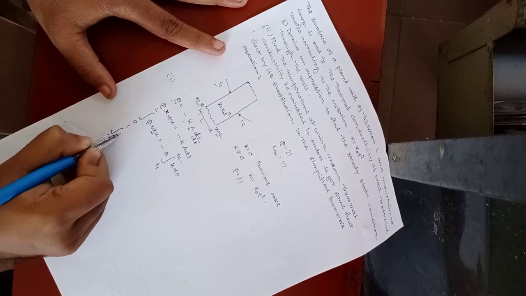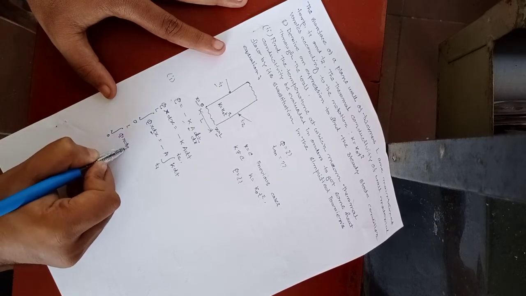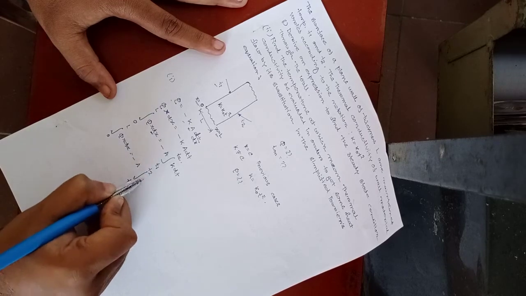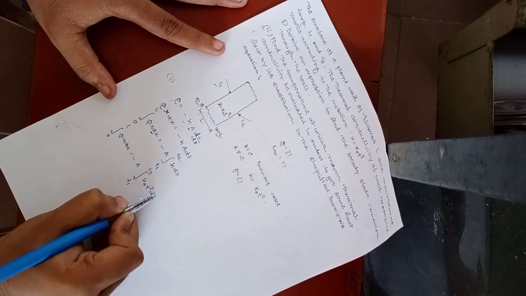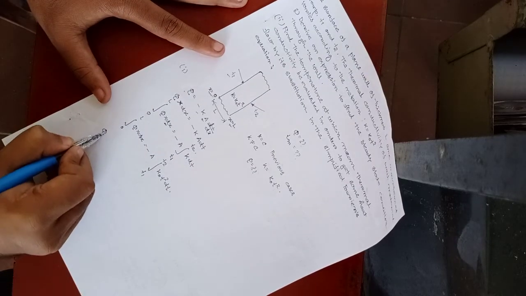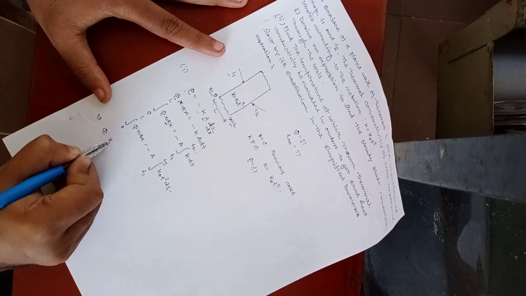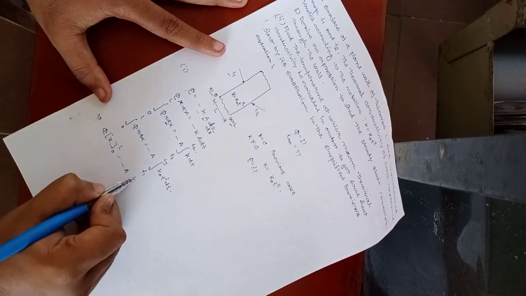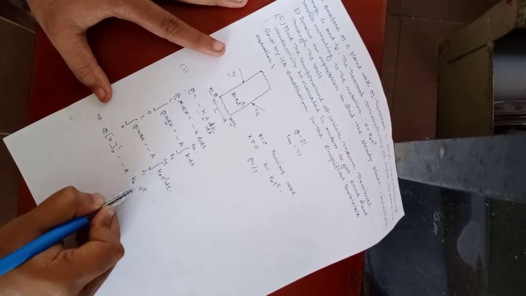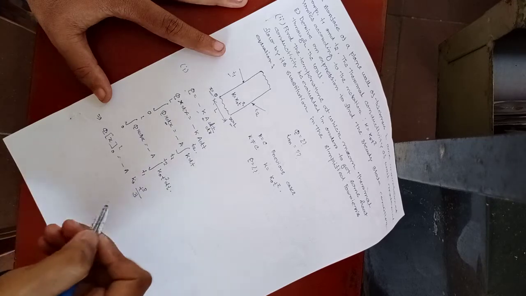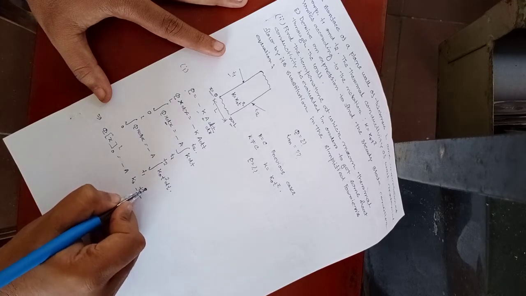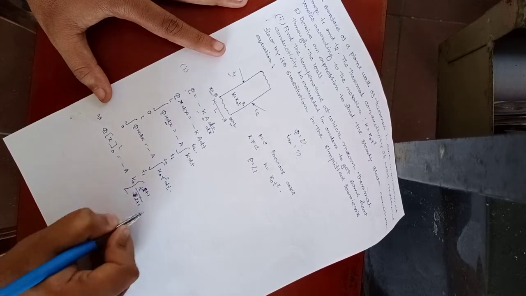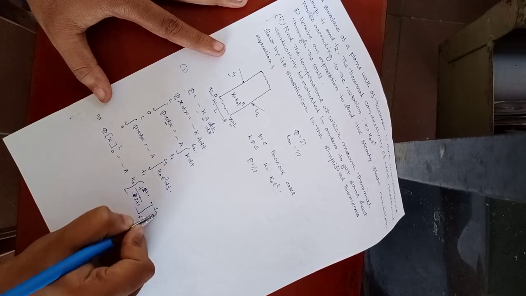Integrating Q into dx from 0 to L is equal to minus A times the integral from T1 to T2 of K0 T square dt. So Q into x from 0 to L is the limit, minus A K0, T cube by 3, where the power is 2 plus 1, so 2 plus 1 is 3, and the limit is from T1 to T2.